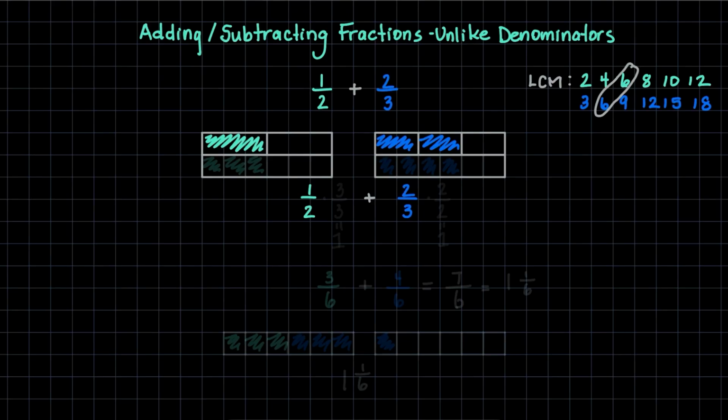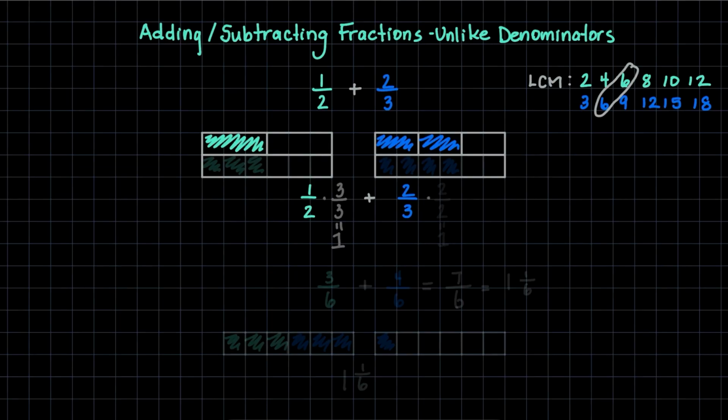So if I have 2 and I need to multiply it by something to get 6, I know that something is going to be 3. But I can't just multiply the 2 by 3. I can only multiply by a form of 1. 3 over 3 is the same thing as 1, but it's going to allow me to have the denominator that I want.